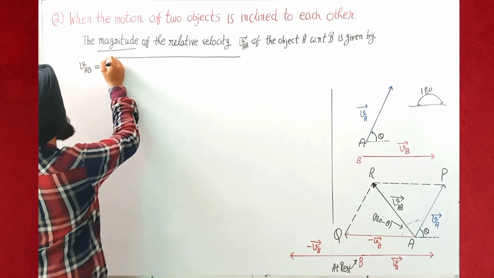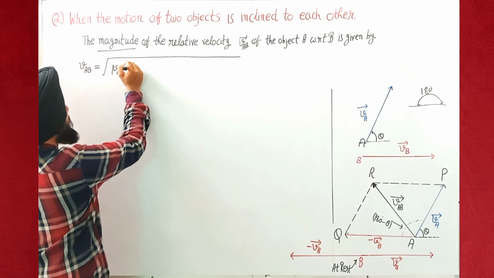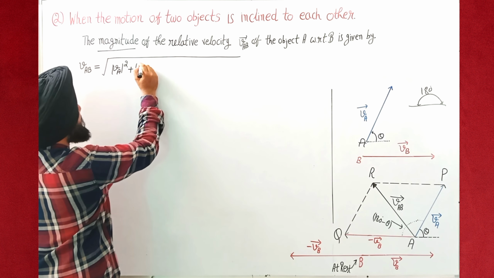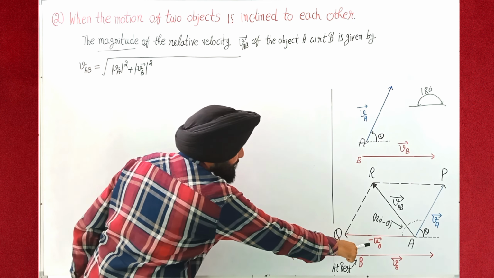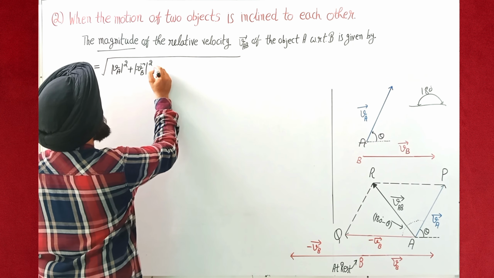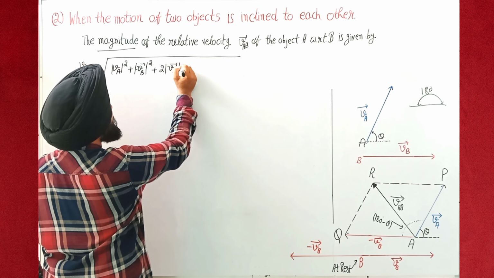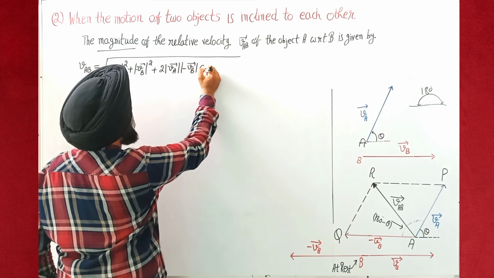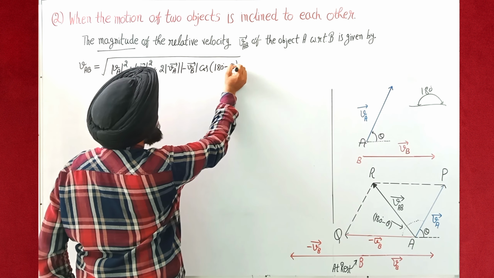square root of mod V_A vector squared plus mod of minus V_B vector squared plus 2 V_A vector times minus V_B vector cos of 180 degrees minus theta.